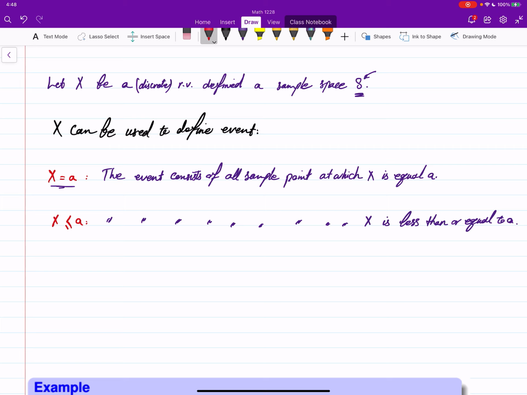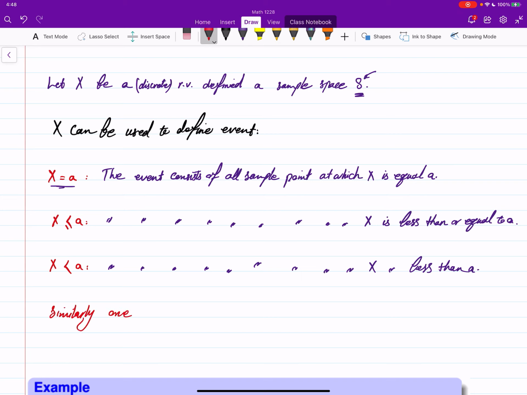Similarly, we can do X less than a. This will give us all the points at which X is less than a. Put all those together, and that will give you the event X less than a.